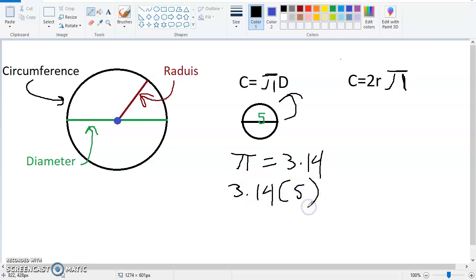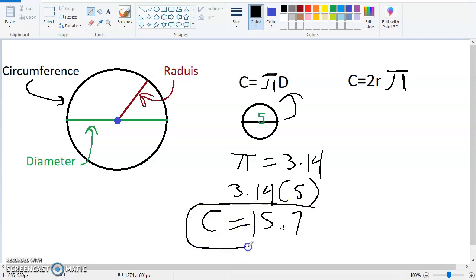I'm going to use parenthesis notation to say that I am multiplying those two numbers together. Go ahead and do that if you have a calculator present. When you do that, you should get 15.7, or 15 7/10. That is the circumference, and that question would be done.